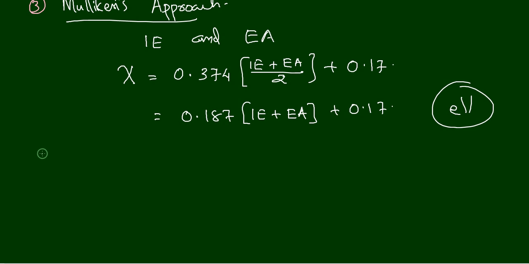For example, let us take the case of carbon atom again. Because we considered the carbon atom in the two earlier approaches, we are going to take the same in this approach also, so we can compare the values of electronegativity obtained in different approaches.